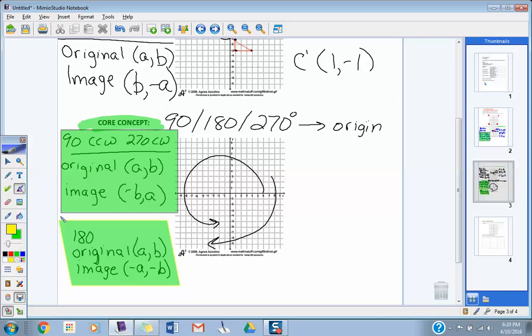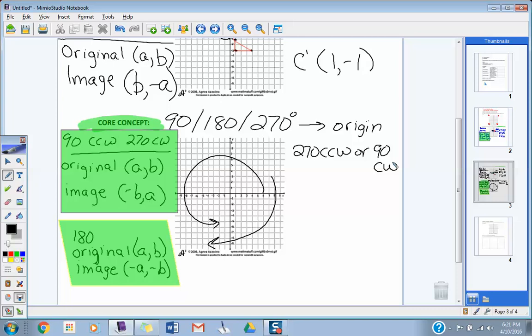And then the last one here was 270 degrees counterclockwise, or 90 degrees clockwise, if you will.